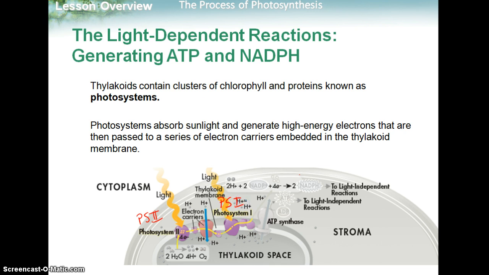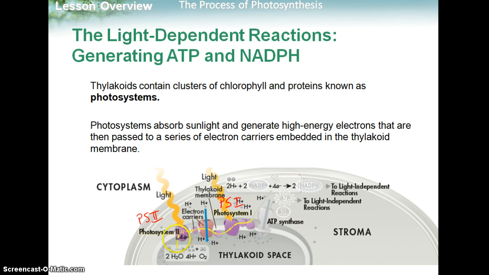When light is absorbed by the photosystems, electrons in the chlorophyll or other pigments are excited to a higher energy level. That higher energy level electron is going to be passed along a series of electron carriers, which we call the electron transport chain.